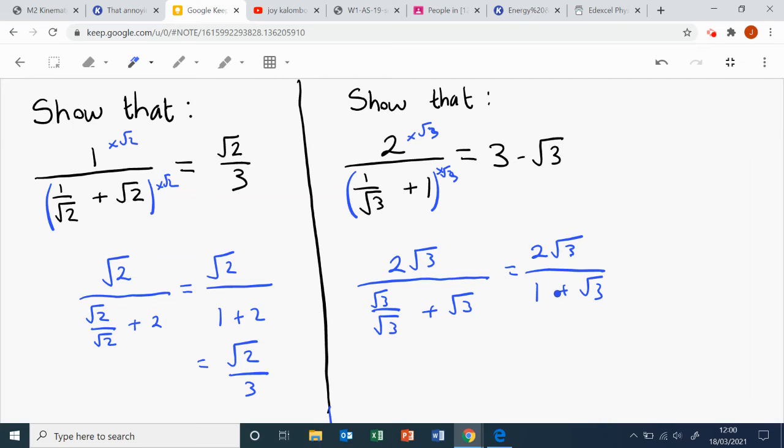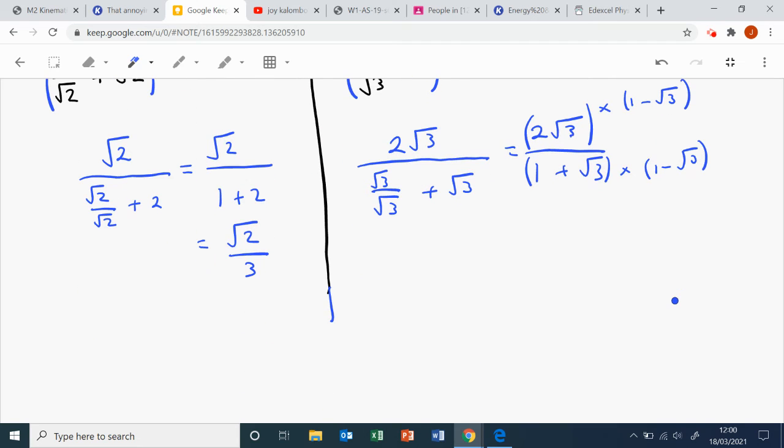Now, we can rationalize this denominator in the same way that we would rationalize other denominators that appear in such a form. So we'd multiply by the denominator, except changing that sign in the middle. So we multiply by 1 minus root 3, and here we multiply the top by 1 minus root 3 as well.